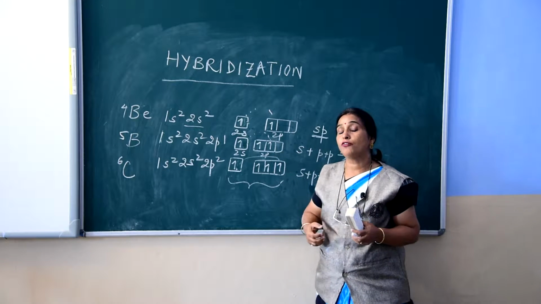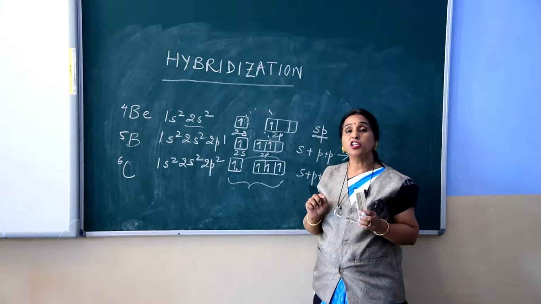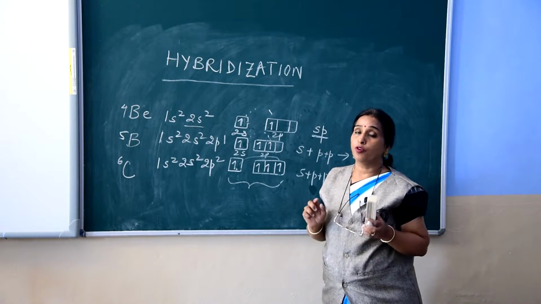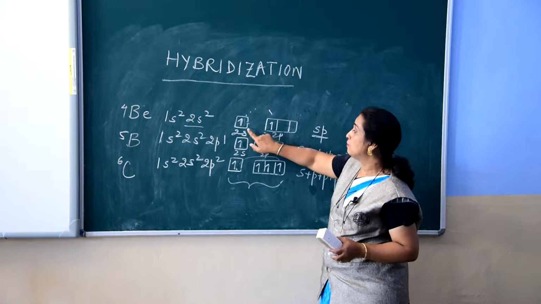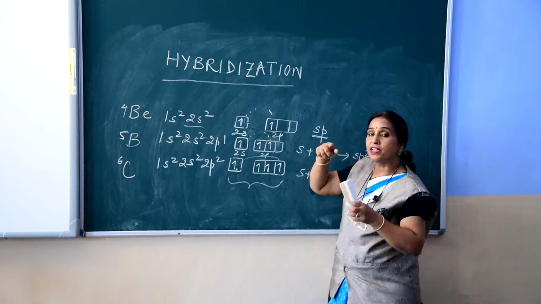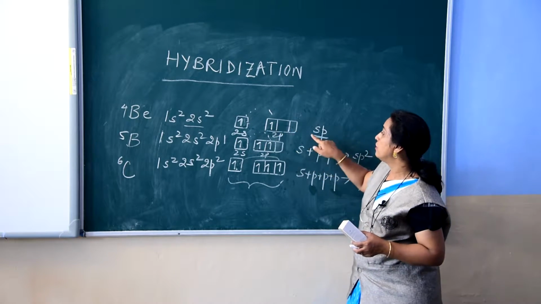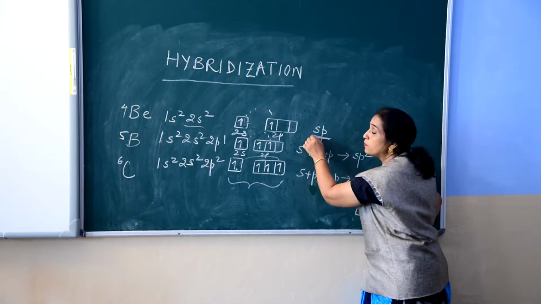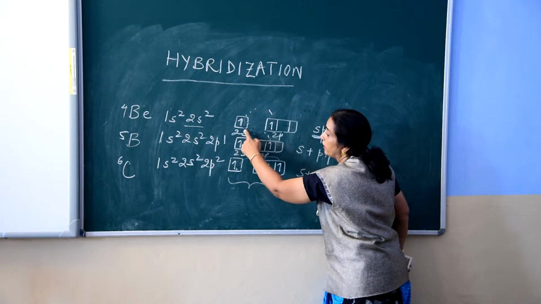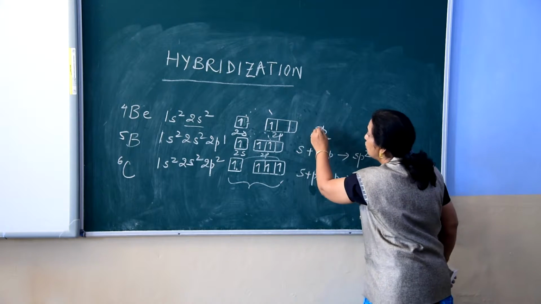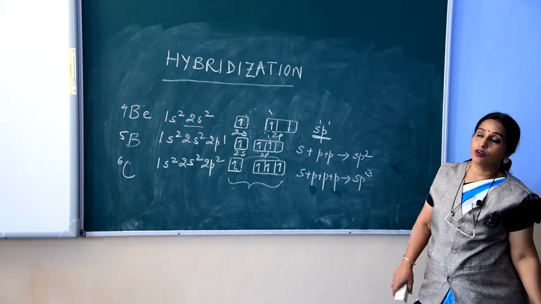The number of hybridized orbitals formed will always be equal to the number of orbitals that are involved in hybridization. For example, if 1s and 1p are involved, that means 2 orbitals are involved here, we will get 2 sp hybridized orbitals. 1 plus 1, 2 sp hybridized orbitals.